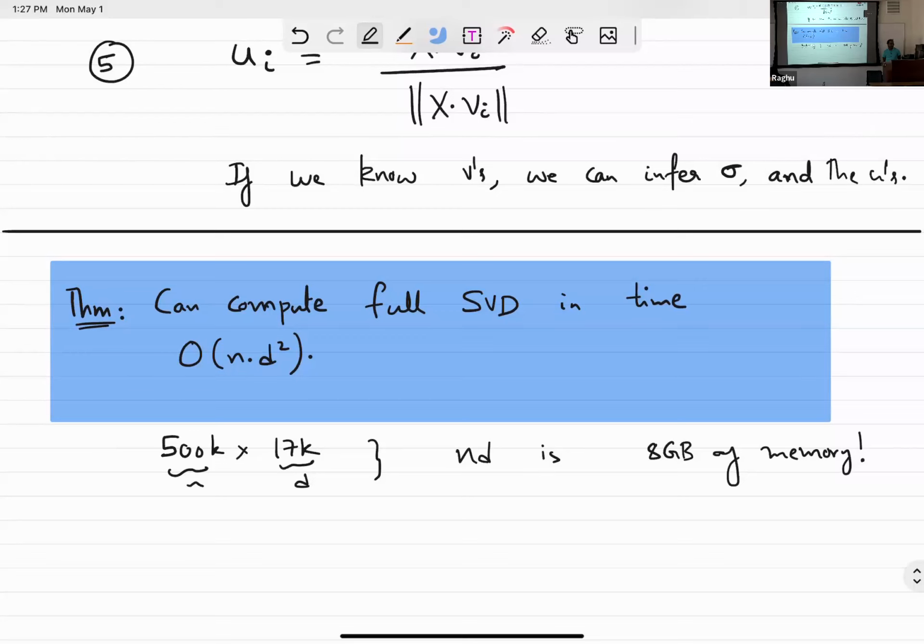But the saving grace is that you don't want the full SVD. It's a 500,000 by 17,000 matrix. But as I said, people found out that you could get a 4% improvement just by doing the top 30 rank approximation, right? So you only need to compute the first 30 singular vectors, okay?